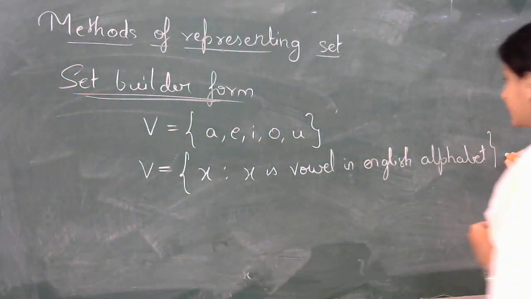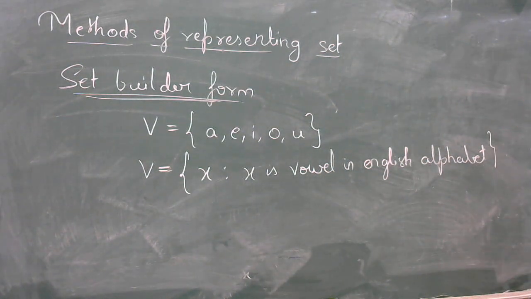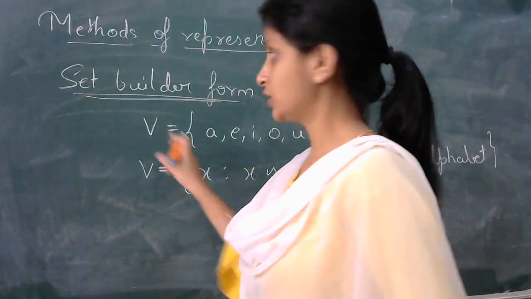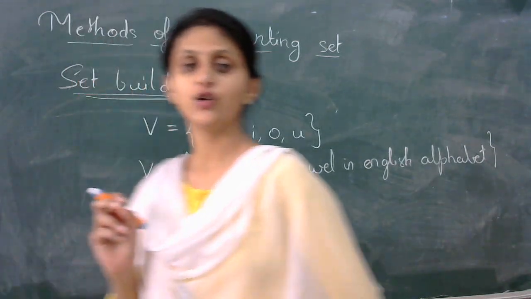So in this set builder form, you will not list all the elements of the set. Here all the elements of the set will be having some common property. So you are going to write that common property in this set. So this is nothing but set builder form.